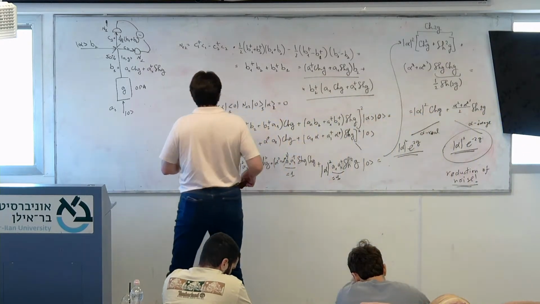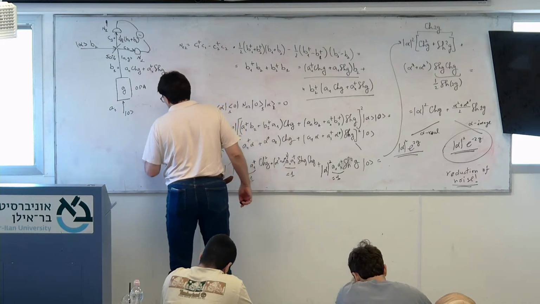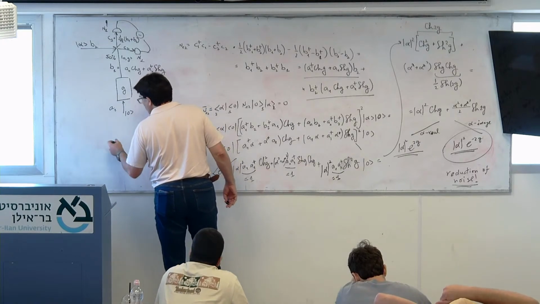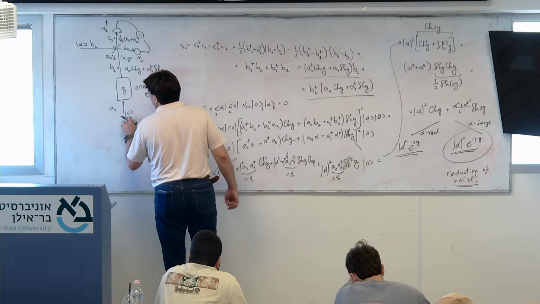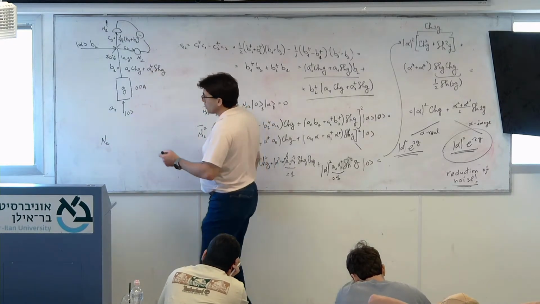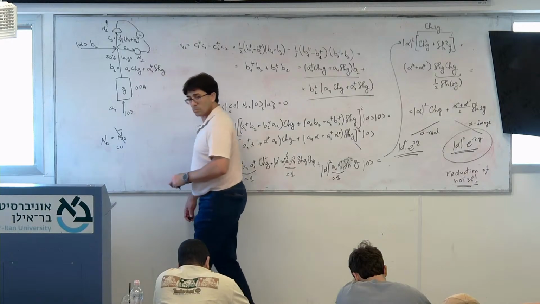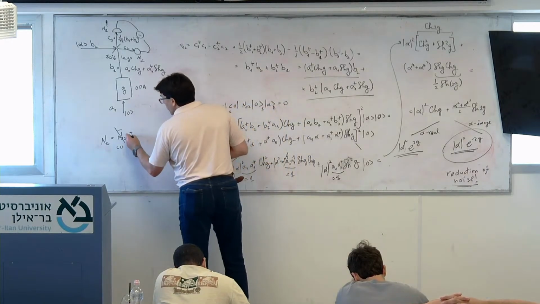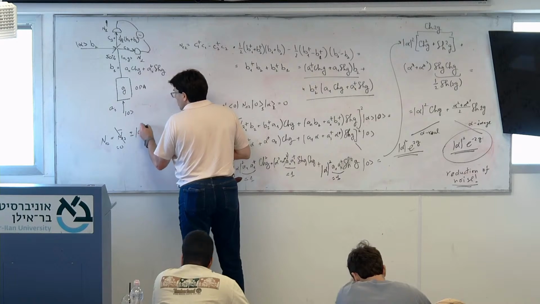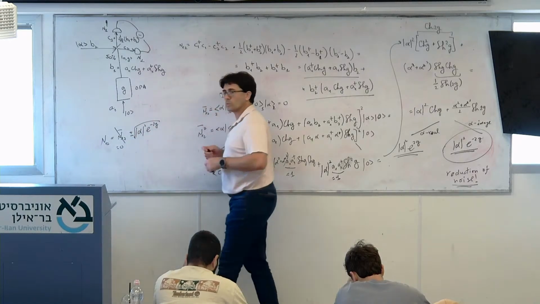So coming back to here, I can say that this quantity n12 is going to be equal to the average of n12, which is simply 0, plus or minus the noise, and the noise is the square root of alpha squared e to the minus 2g.